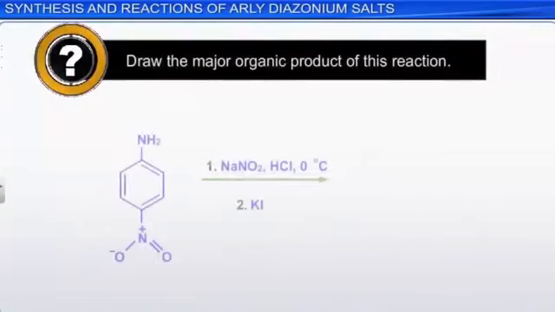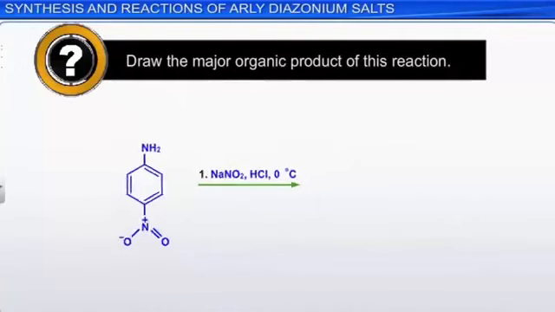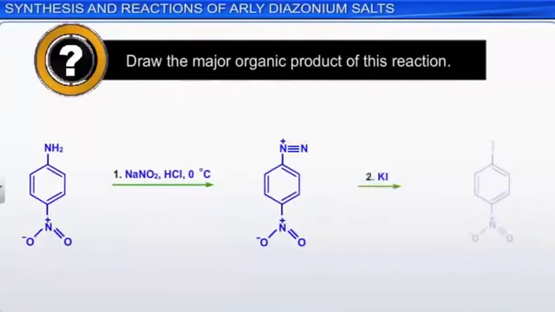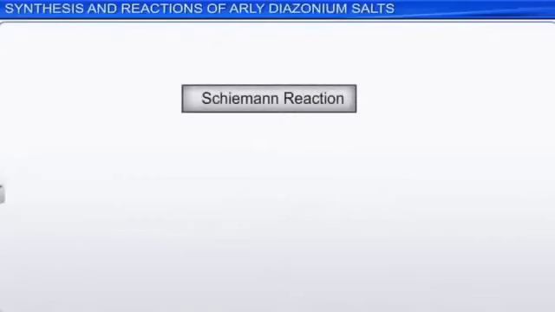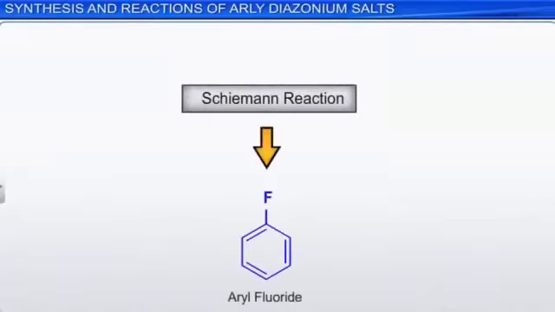Step 1 produces an aryl diazonium ion. In step 2, treatment with potassium iodide replaces the diazonium ion with iodine. The Balz-Schiemann reaction is a method for making aryl fluorides.